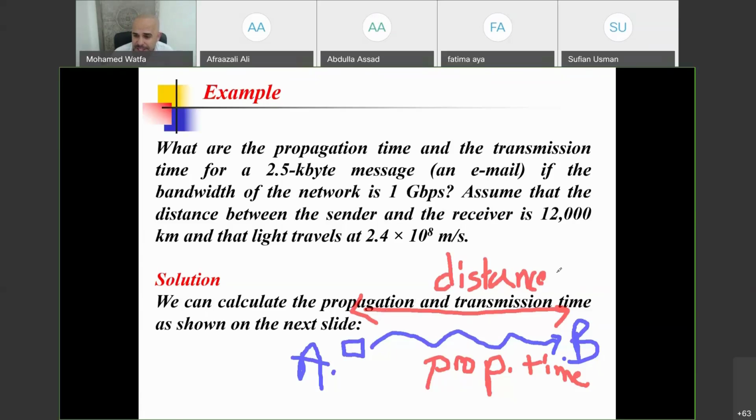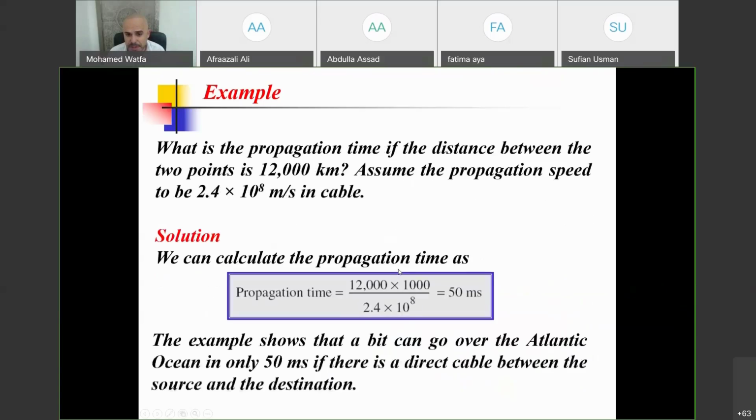The distance and speed. Speed of the signal. It doesn't have to do with throughput, Taha. We just did propagation speed now. Propagation time depends on distance, how far they are from each other, and the speed of the signal. It has nothing to do with throughput.